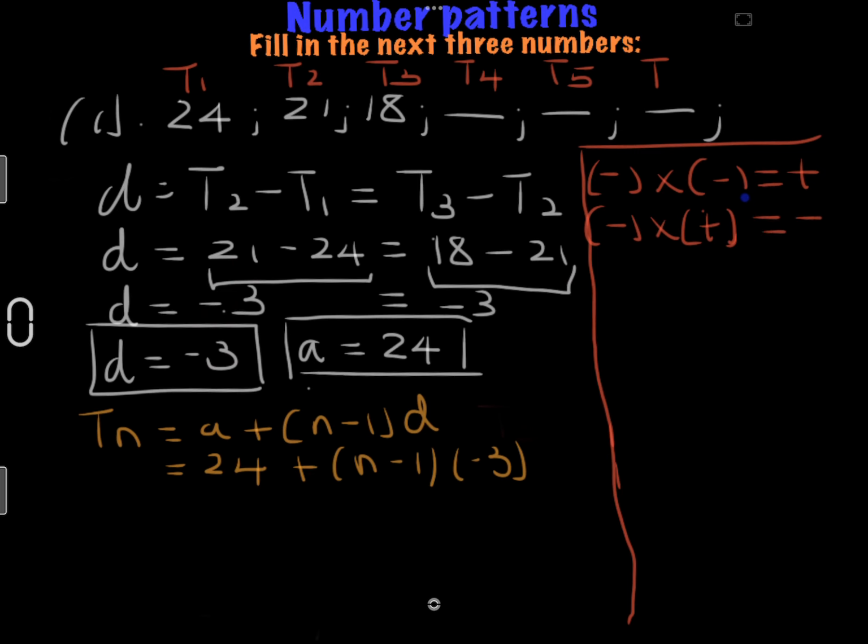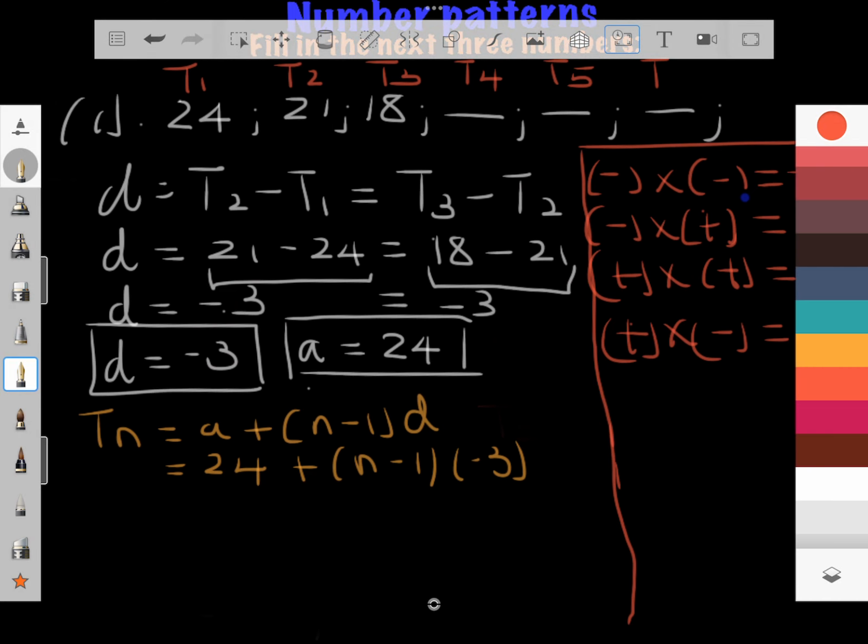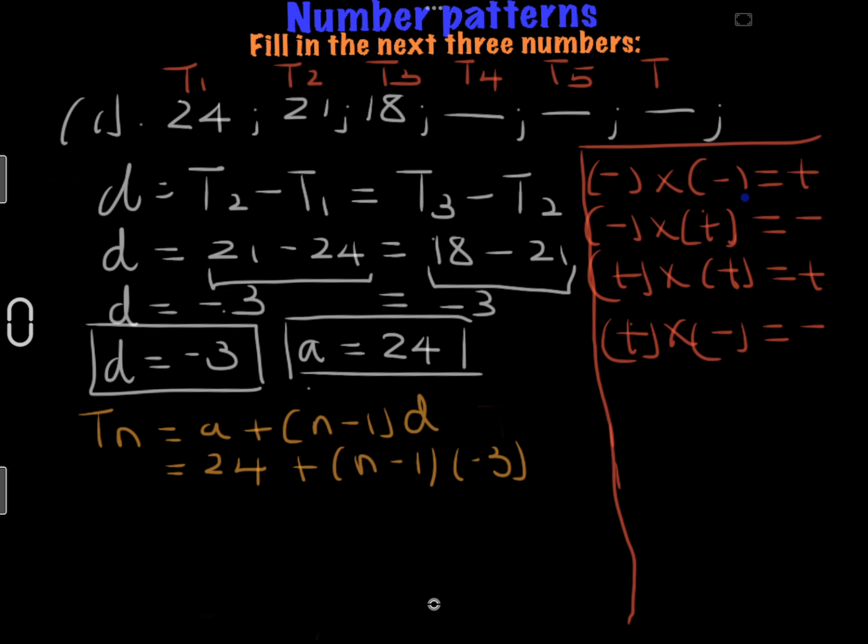A positive multiplied by positive is equal to positive. Positive multiplied by negative is equal to negative. This is key in terms of algebra.